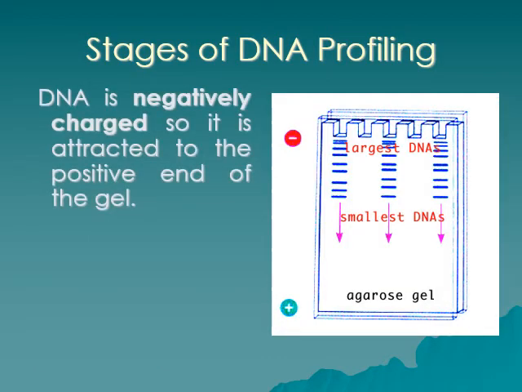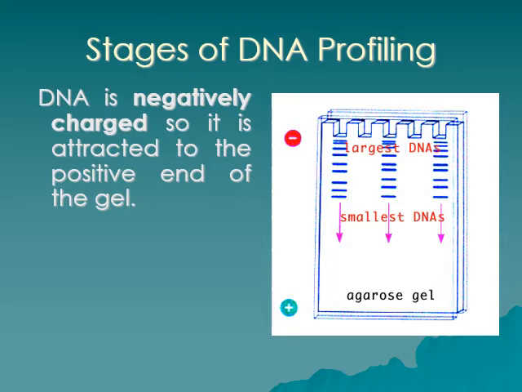So, ang DNA daw is negatively charged, so it is attracted to the positive end of the gel. So, in-inject mo siya dun sa negatively charged na part nung gel. Ang tendency nung DNA is pumunta siya sa positive side. Bakit? Di ba pag sinabi is opposites attract.